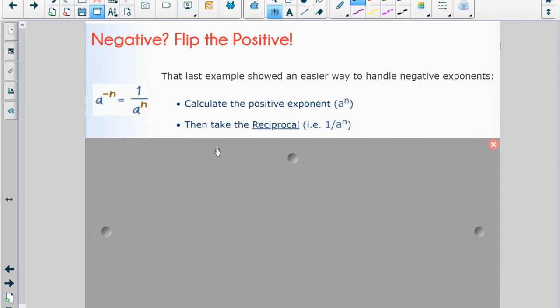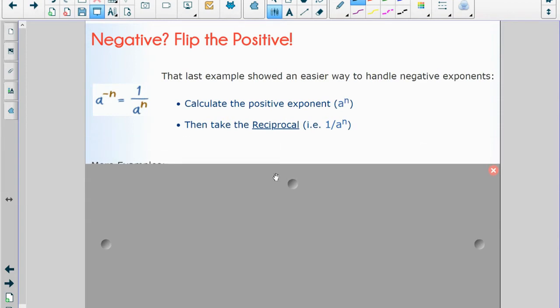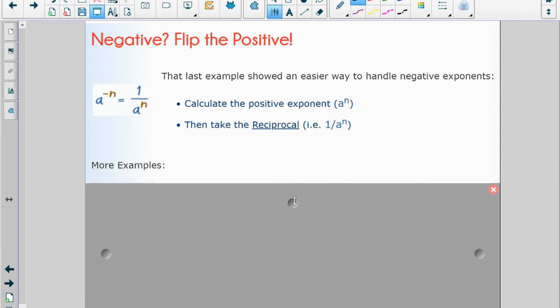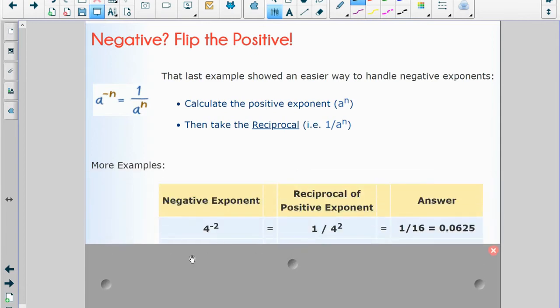So here's kind of that rule that shows that relationship. If you have something with a negative exponent, we move it to the denominator. It stays the same, except keep the exponent positive then. And we can calculate whatever that positive exponent is to find the value of that fraction, or the value of that power. So here's some more examples just in table form.